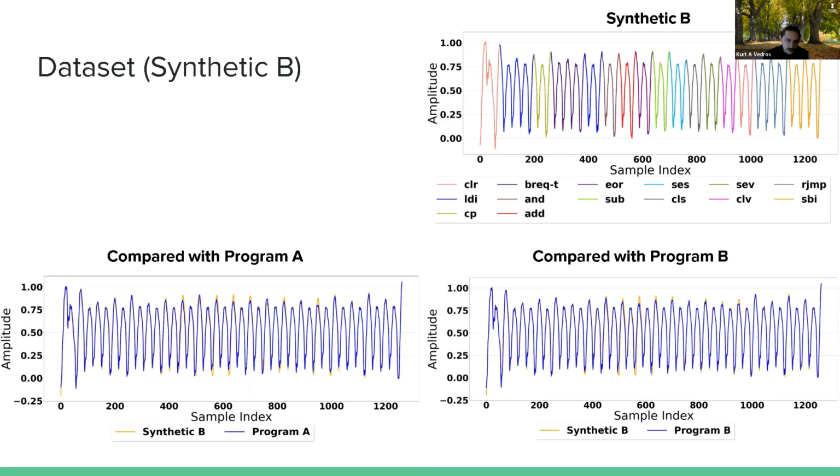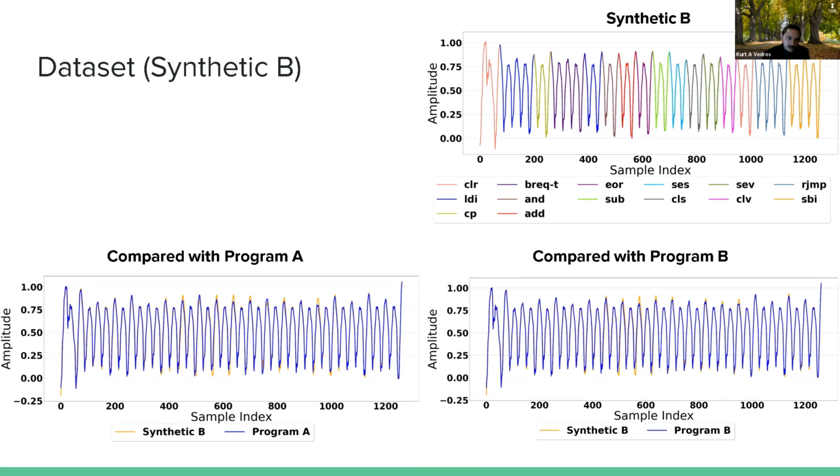Furthermore, we also synthetically generated 1,000 samples for program B using steps 1 and 2 from the framework, using a library created from the electromagnetic signals of prior existing programs that are different from program A, program B, and the malicious versions.